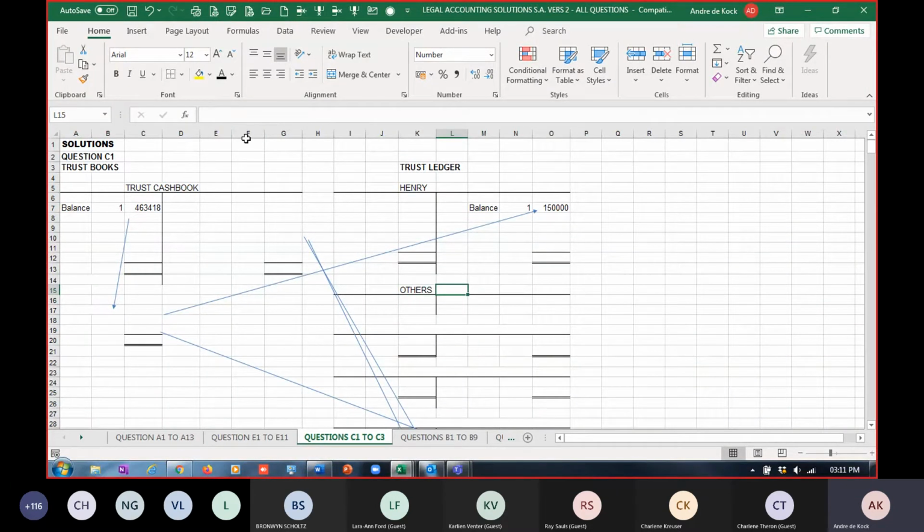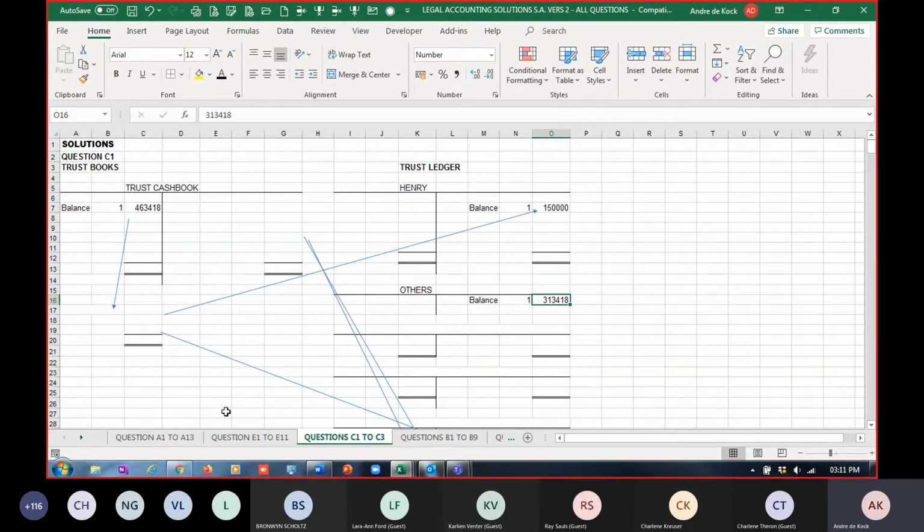If I take 463 less 150, because we read that the total of the list of your clients' trust credited balances must equal the total of the trust money that you're holding, then the others must have a balance of 313,418, which is calculated by 463,418 less 150. Okay? So this is the layout that we've got.